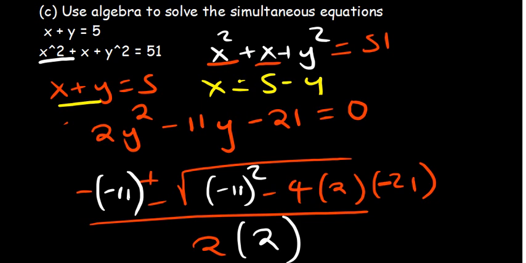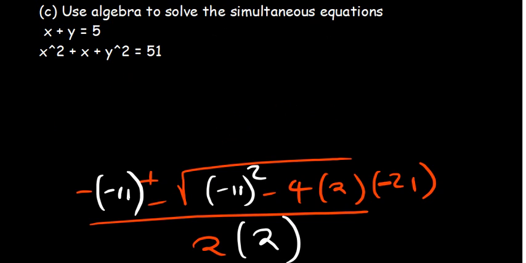Okay. So what do we do from that stage? So I have 11 plus or minus the root of 11 squared. 11 by 11 is what? So basically it should be 121. So 11 squared is 121.